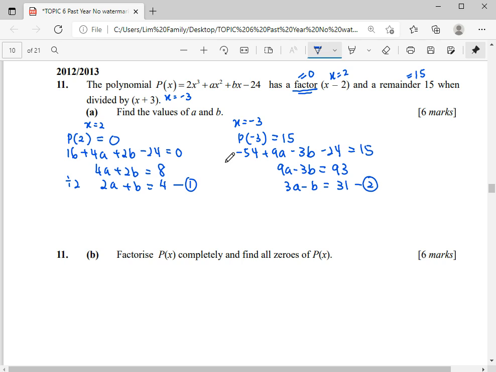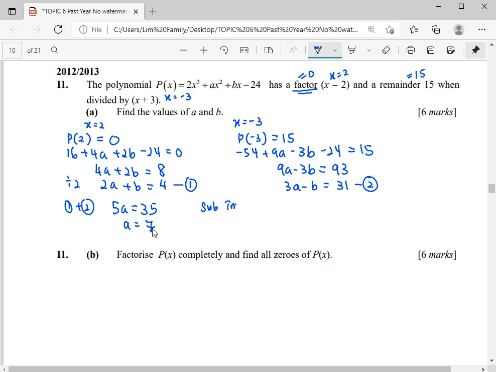From the simultaneous equations, we will try to eliminate one of the unknowns, like this one plus b and this one minus b. So we add equation 1 and equation 2, so that we manage to eliminate b and find out what our a is, 5a. So we get a equals 7.